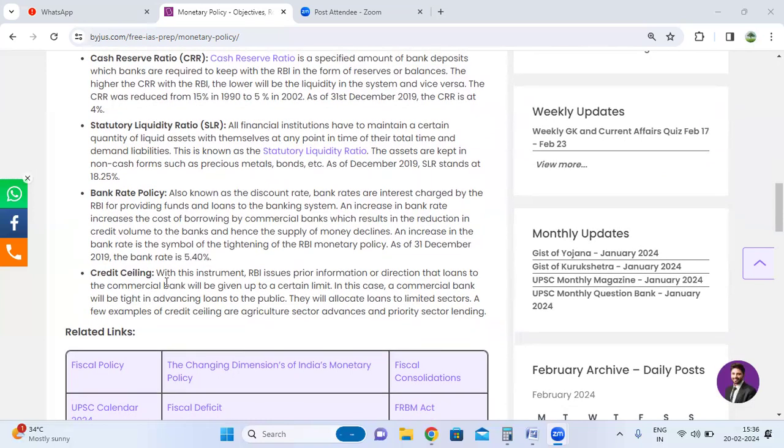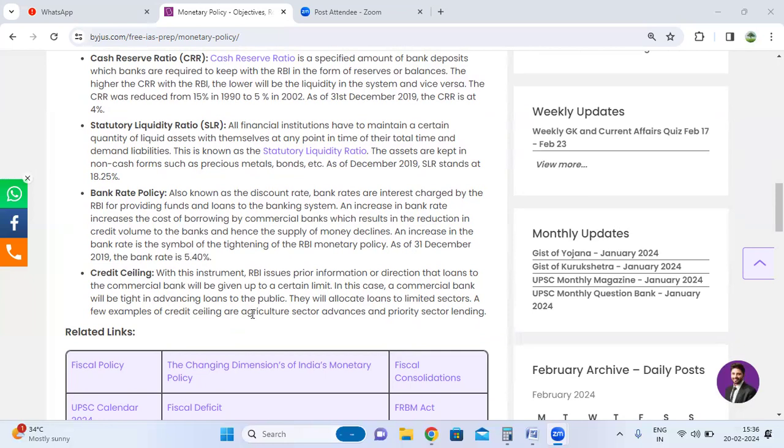Credit ceilings: with this instrument, the RBI issues prior information that loans to commercial banks will be given only up to a certain limit.